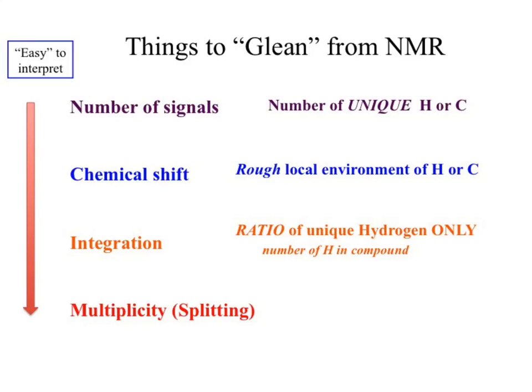The hardest part with the integration is realizing that this is a ratio, not an exact number of hydrogens. Okay. You'll notice that it also has now changed. This says hydrogen, it says nothing about carbon. Why? Because when we look at carbon NMR, if we tried to evaluate how many signals show up, what was our chemical shift range for carbon NMR? 220 to 0. What is included in that range?